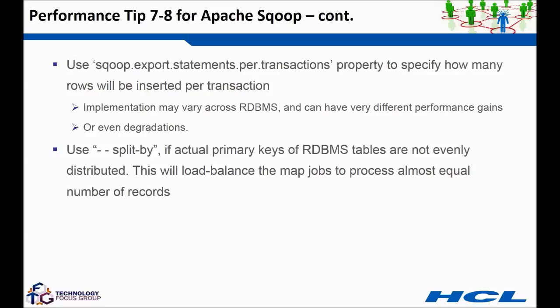Say you have 100 records in your database which need to be pulled in by Sqoop. If there are 100 records and by default you have set up 4 map jobs, the first map will pick up 1 to 25, then 26 to 50, 51 to 75, and 76 to 100.